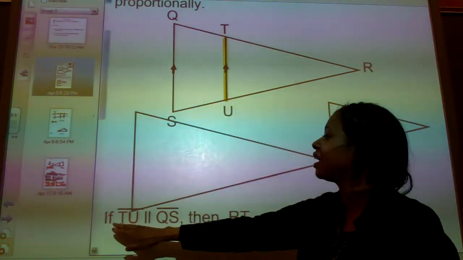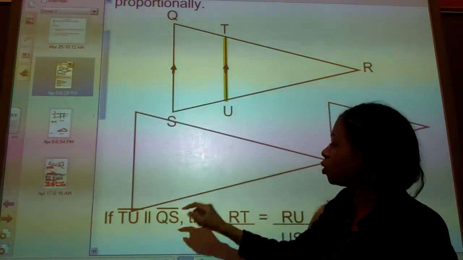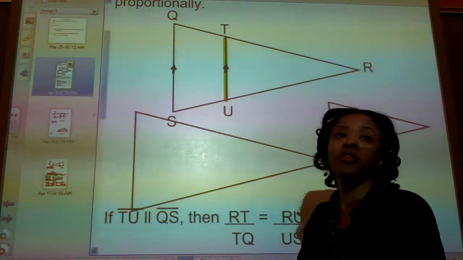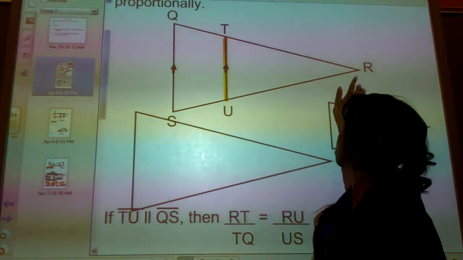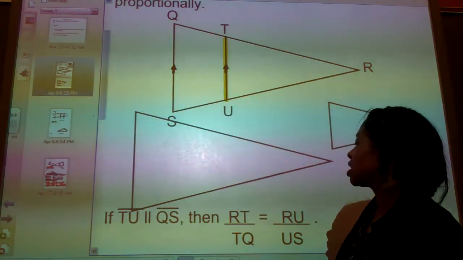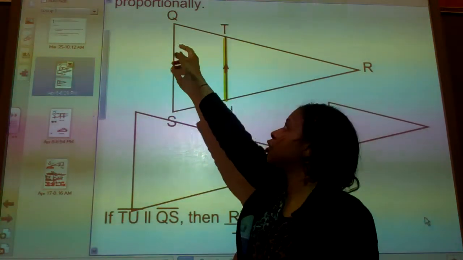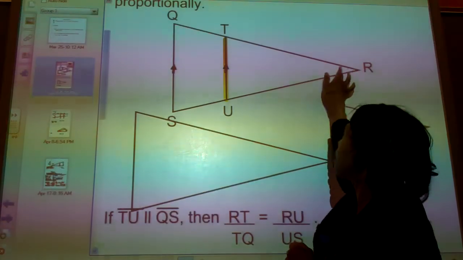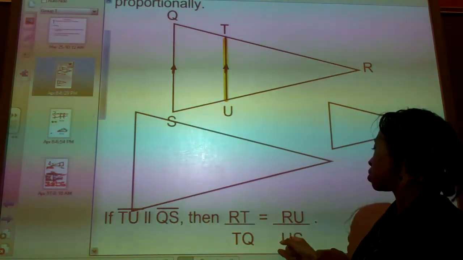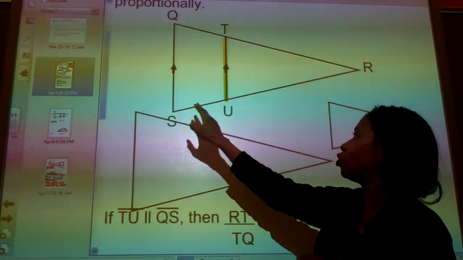I'll say that again. If we know that TU is parallel to QS, then segment RT on this smaller triangle is directly proportional to TQ. Likewise, RU on the bottom portion here on the smaller triangle is going to be directly proportional to US.